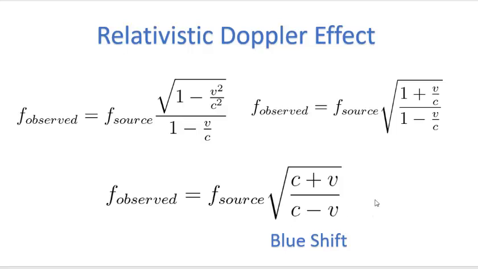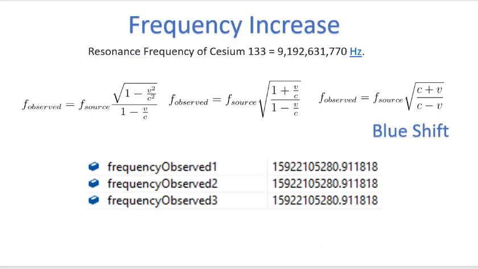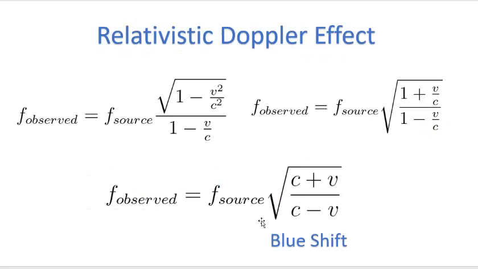The square root of c plus v, the speed of light plus the velocity of the thing that's in motion, over the speed of light minus the velocity of the thing in motion, is the same as this and this. So this to me is much more elegant.